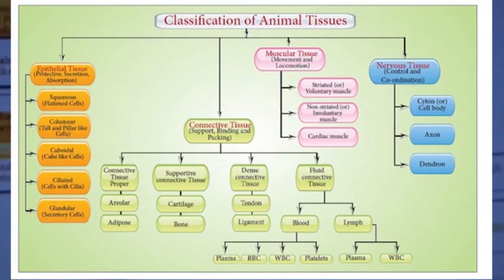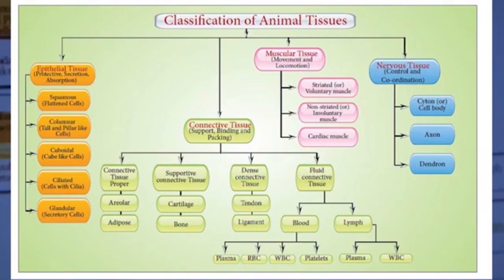Then dense connective tissue is tendon and ligament. Muscle to muscle, it is tendon. When a bone is attached to a muscle, it is a ligament. That is supportive tissue.